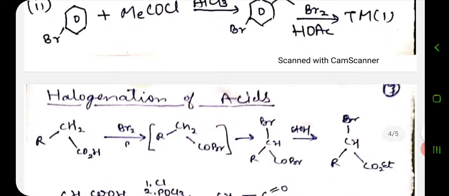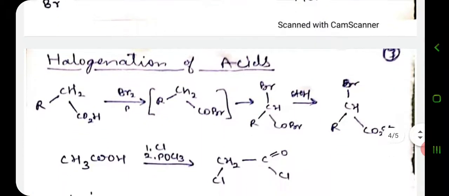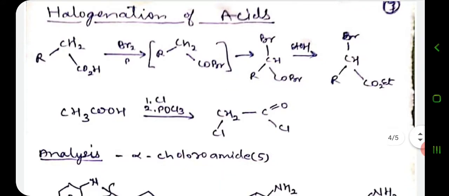Next, similarly, we can discuss the halogenation of acids. Acids, which can enolize in one direction only, can be brominated with bromine in the presence of red phosphorus catalyst via the acid bromide. Thus we can produce alpha-bromo esters with alcohols.